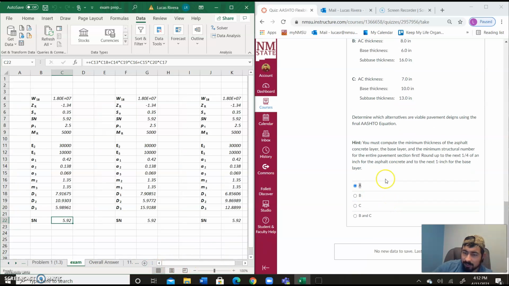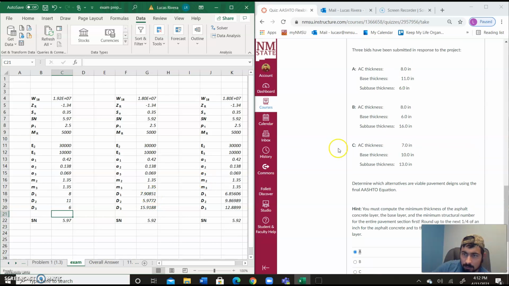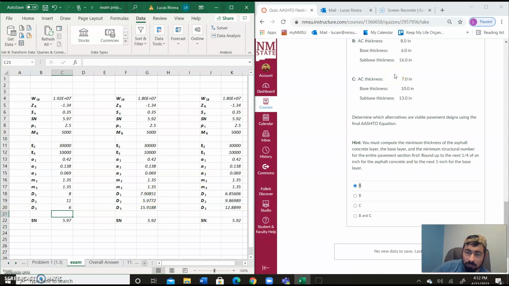And this says right here, you must compute the minimum thickness of the concrete layer, and I know that Solver goes close to the next inch. So I'm just gonna round up. 8, 11, 6, which is A. I know that A works.